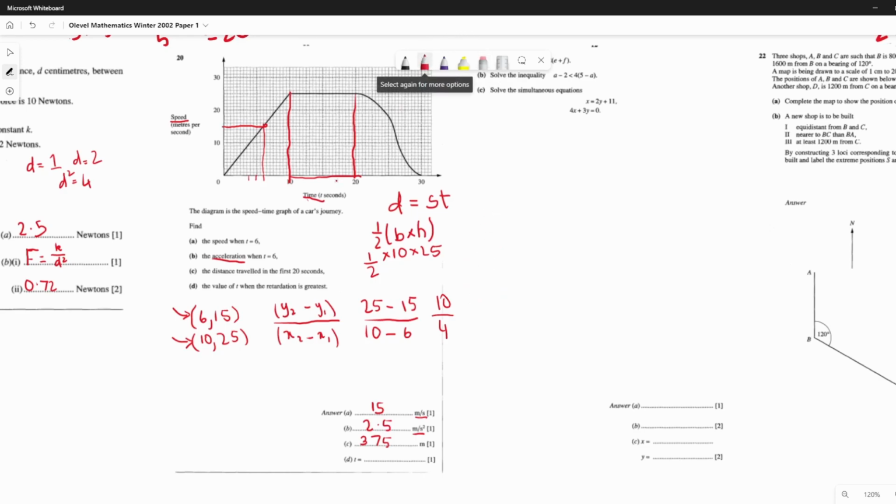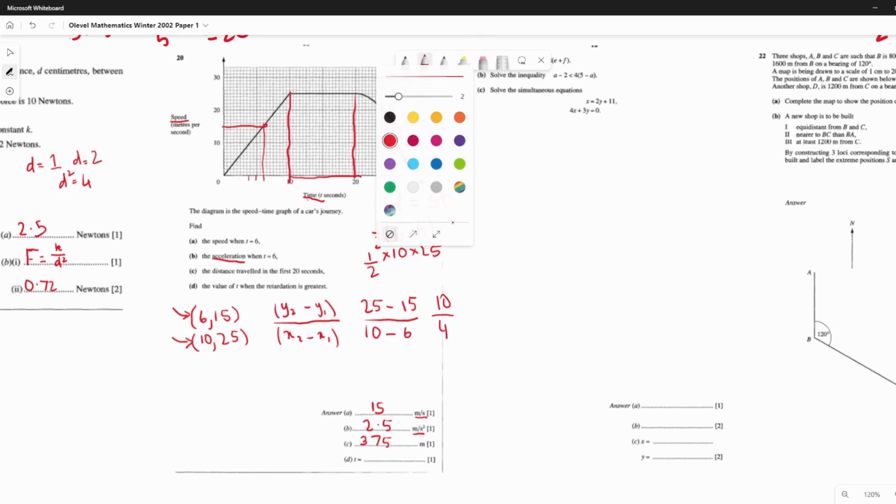All right, what is this final part? The value of t when the retardation is greatest. That has to do with knowing how the slope of curves works. The slopes of curves usually have a turning point, either when there is the greatest or the least amount of slope.